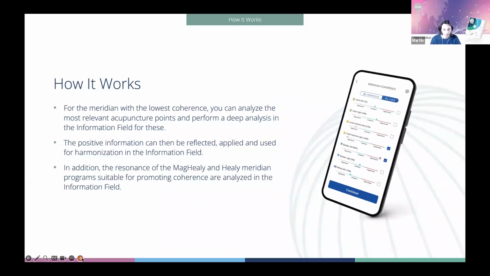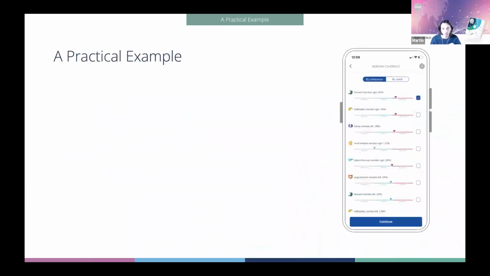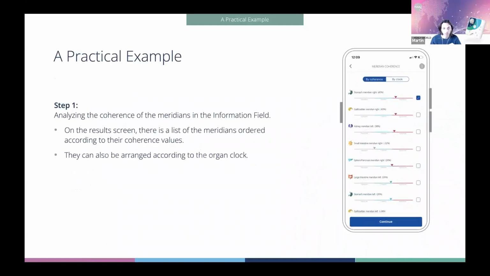And you can then also analyze in the next step the most important meridian points on those meridians. And that's quite important, this step, because what do you actually do?